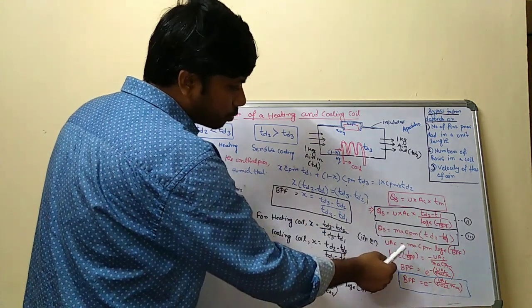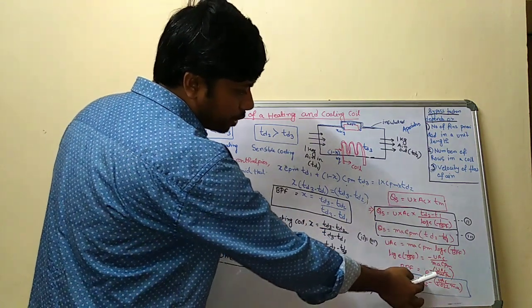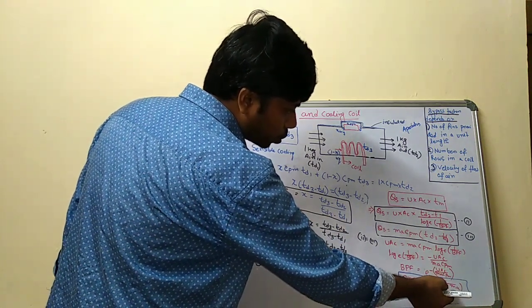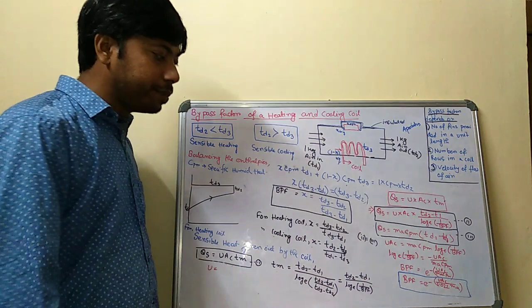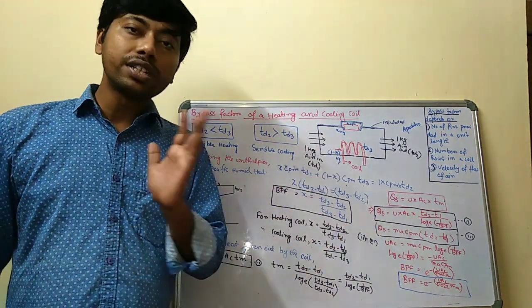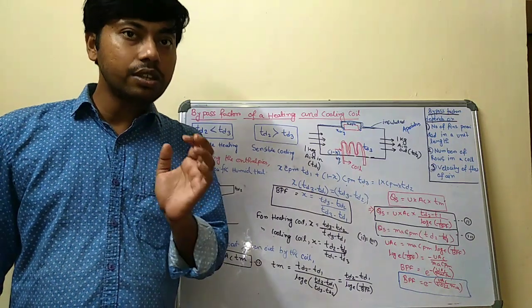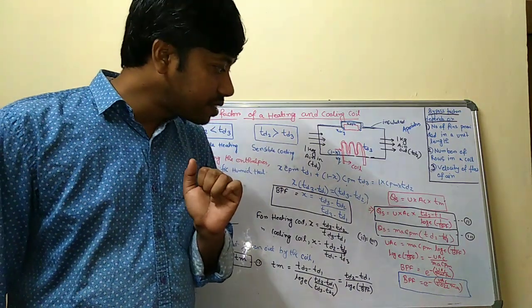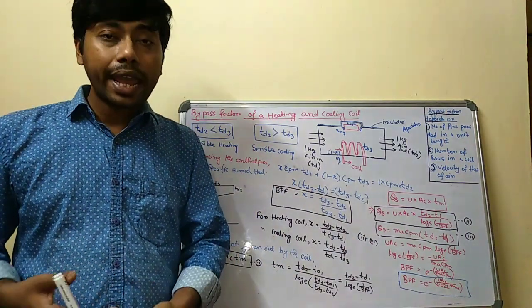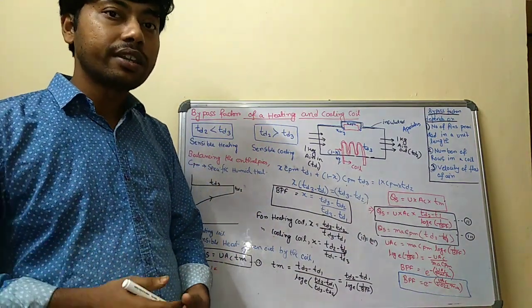So ultimately, when you calculate, the bypass factor will be e to the power minus of UAC divided by 1.022 Ma, where BPF basically indicates your bypass factor, U is the overall heat transfer coefficient, AC is the surface area of the coil, and Ma means the amount of air that passes through the heating coil.